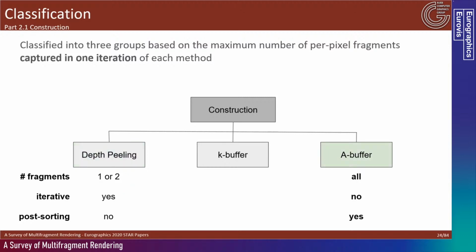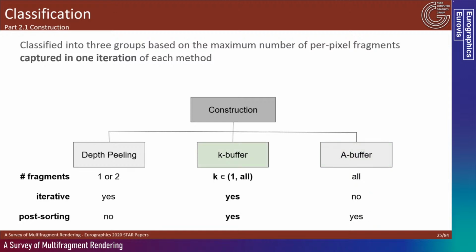On the other side of the spectrum, A-buffer methods aim at capturing all fragments in a single iteration step, so this is not an iterative method. And typically fragments are stored into GPU accelerated data structures during a single geometry rendering pass that is followed by a post-sorting operation that reorders them according to their depth.